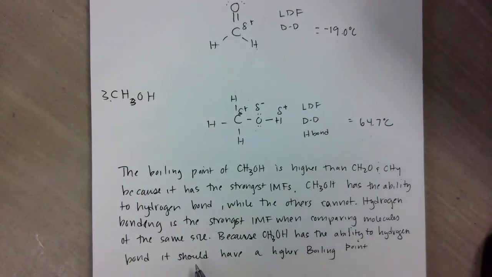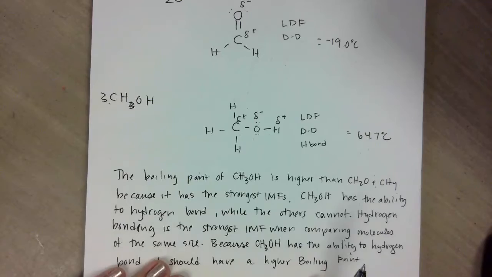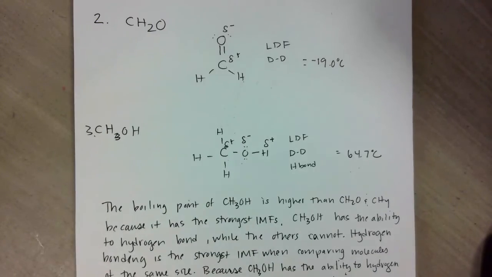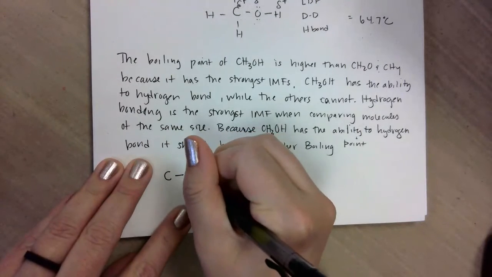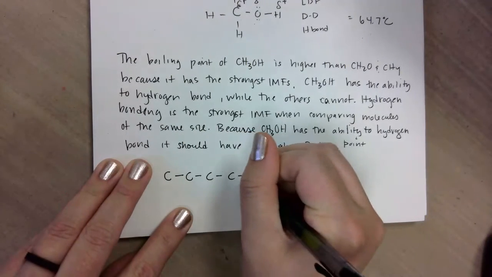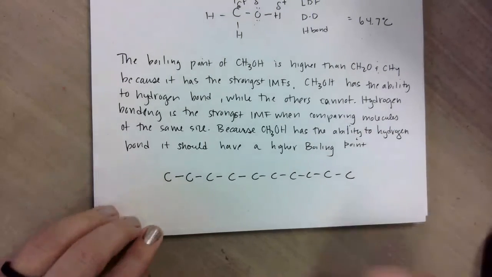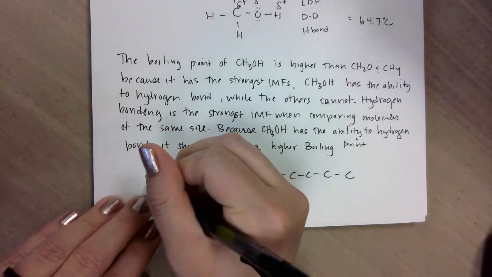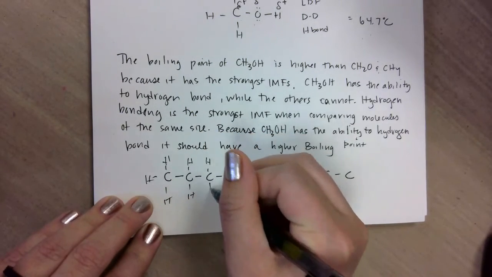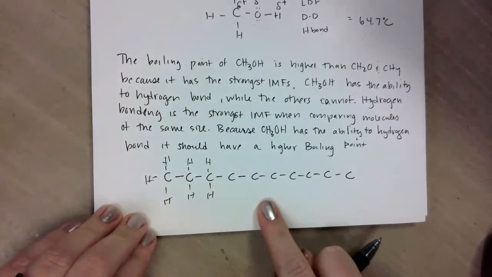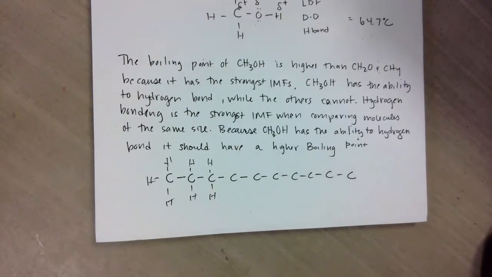The reason why I always compare things of the same size is because you will actually see situations where, and I don't have one off the top of my head, but let's say I have a compound like this. Okay, so it's big, it's beefy. I'm going to keep adding hydrogens, and let's imagine that these are all H's all the way around to fulfill the octet rule for all these carbons.